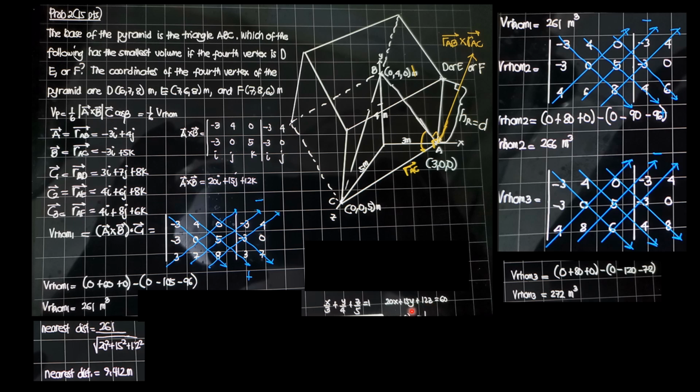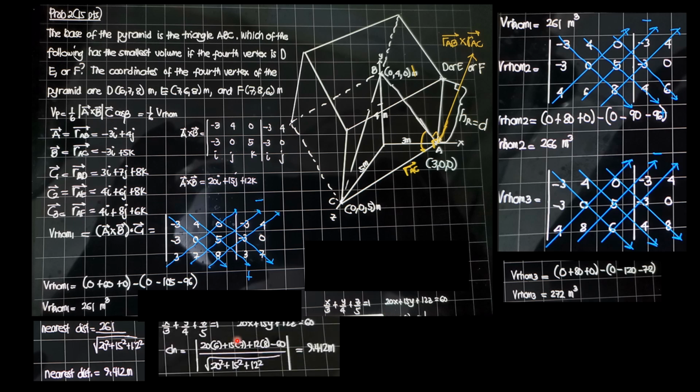The equation of the plane, therefore, is 20x plus 15y plus 12z minus 60. Then the distance from a point to a plane is, remember, ax1 plus by1 plus cz1 plus constant d over square root of a square plus b square plus c square, or absolute value. So 20 for the first point, which is D, because this is the nearest point from the plane of ABC.